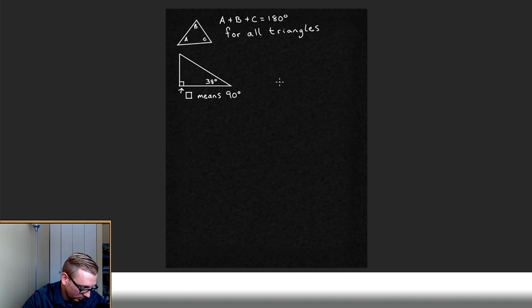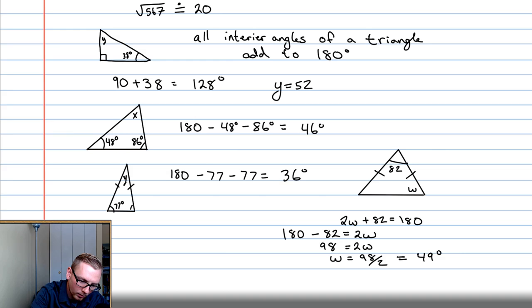Right? That's a 90-degree angle. What is the value of y? So 180 equals y plus 90 plus 38. So y is equal to 180 minus 90 minus 38. So y is equal to 52.